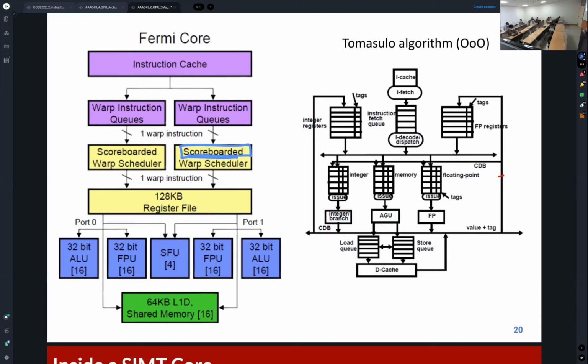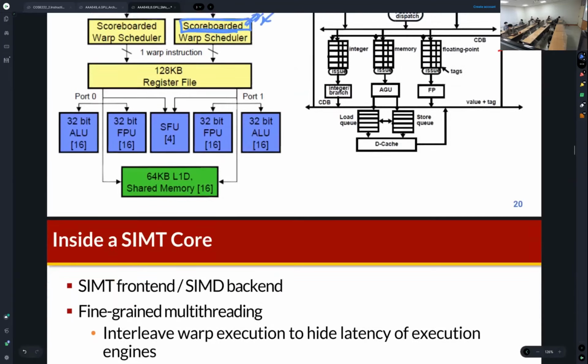Using the scoreboard, the GPU can check the readiness of the warp. In the Fermi architecture, a single SM supports up to 48 warps, which means that a single SM has 48 scoreboards.